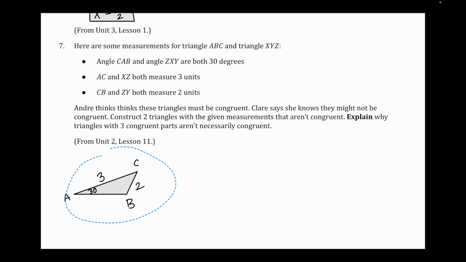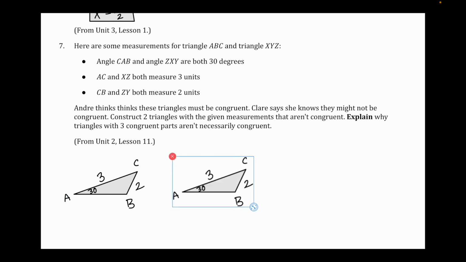Let's copy this, and I am going to make a copy of this that does not quite add up, and I'll be able to show you the exact difference. So I still want that side length to be 2 and to be 3, but that doesn't mean that my side length on the bottom here, which is AB on my original triangle, needs to stay the same.